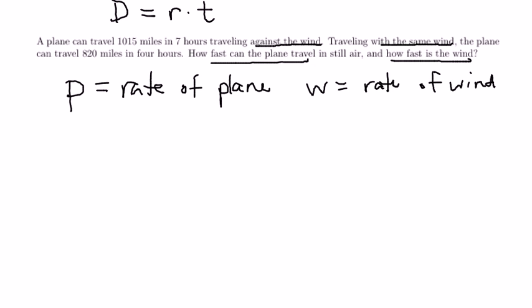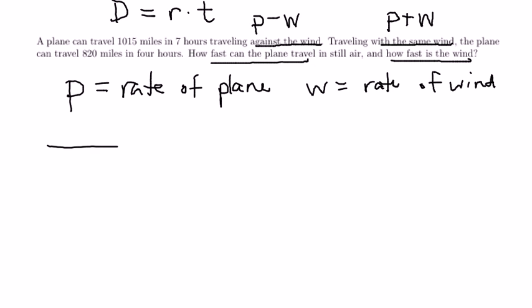So against the wind means that the net rate is going to be the plane's rate minus the wind, and with the wind means that the net rate is going to be P plus W.